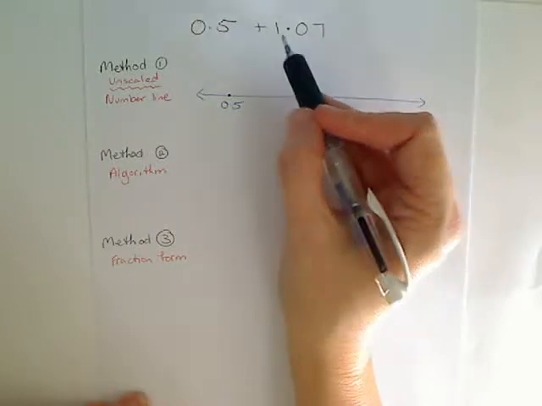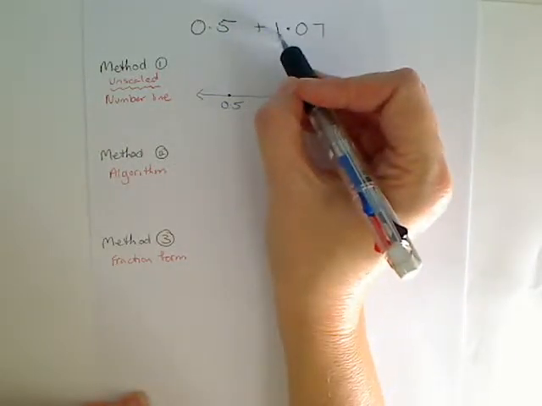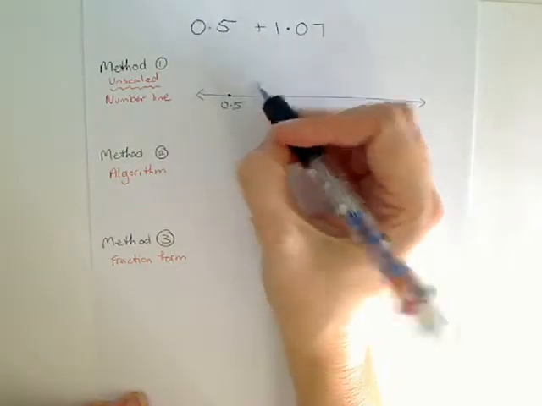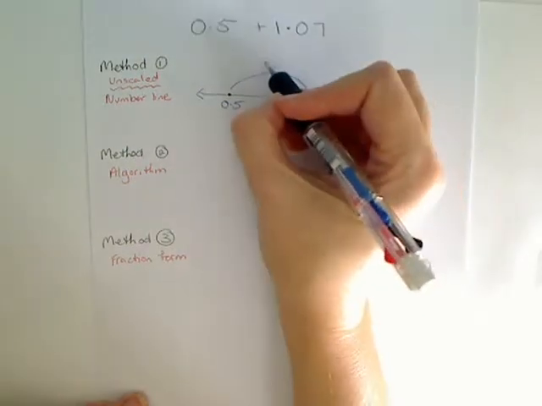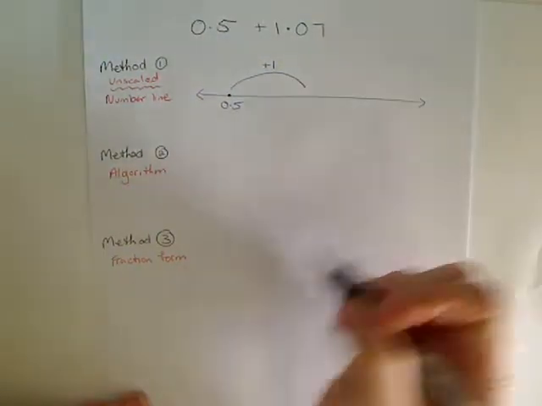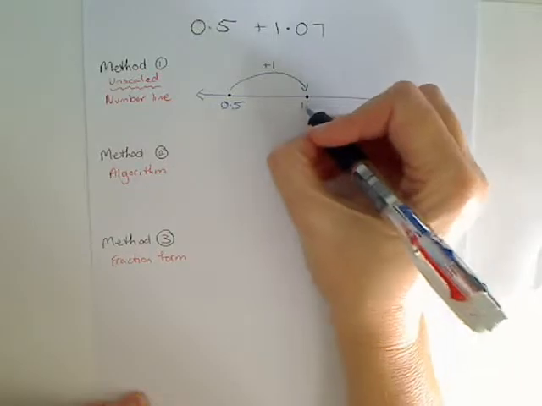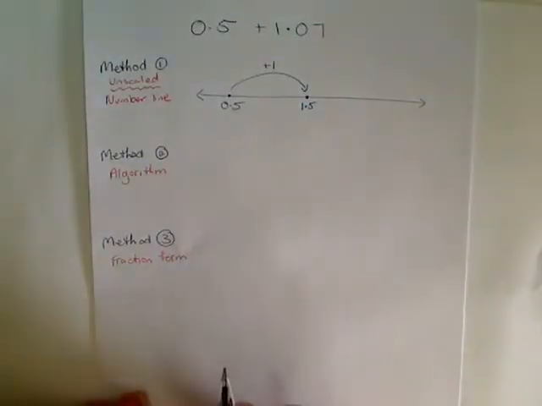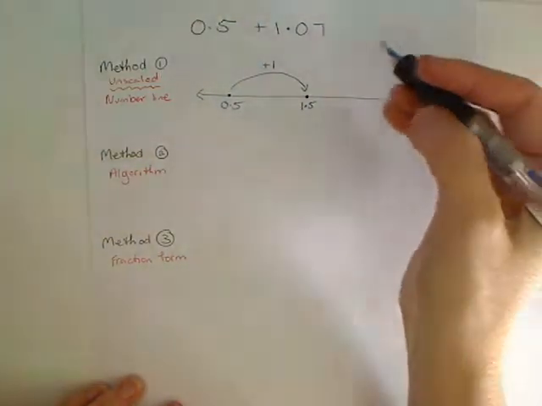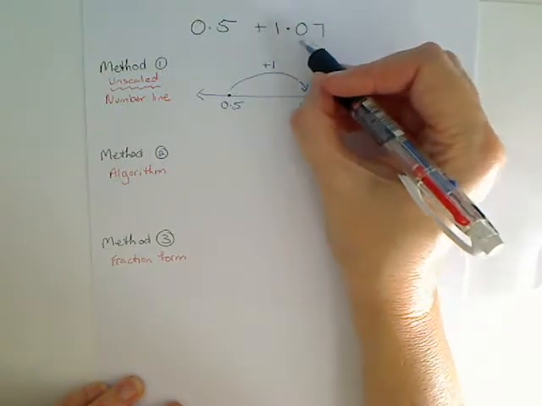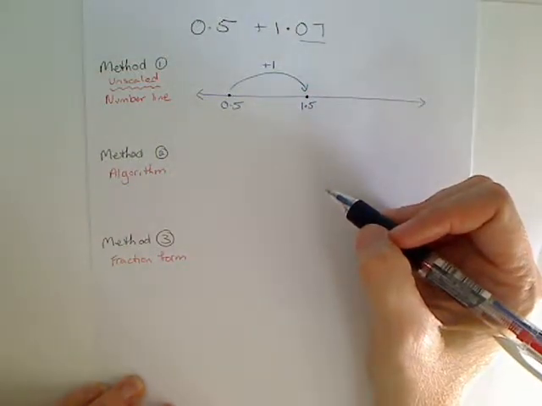Do it in parts. So first I'm going to move by 1 whole. So if I'm at 0.5 and I move 1, I'm going to be at 1.5. And then I think about, okay, well now I want to add on 0.07.